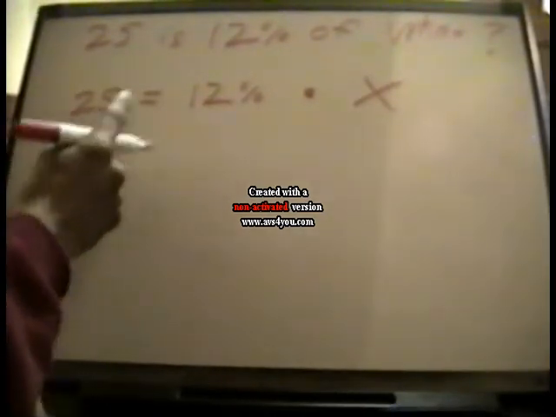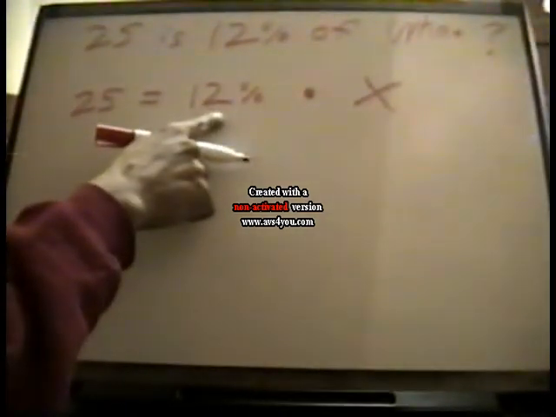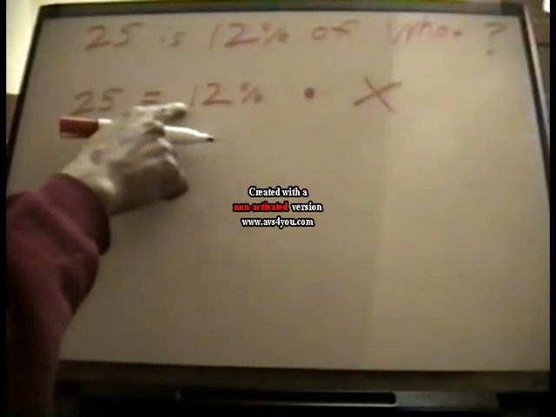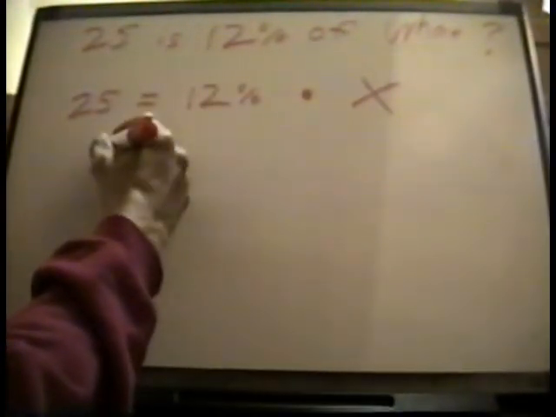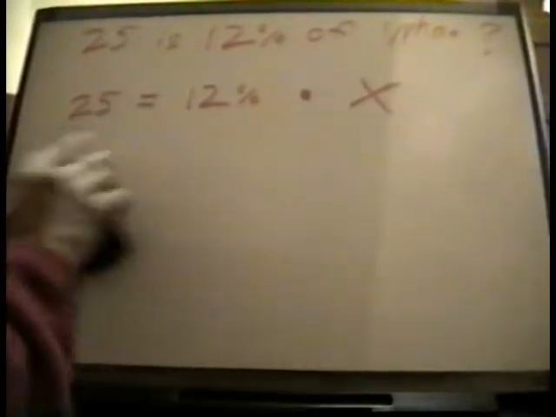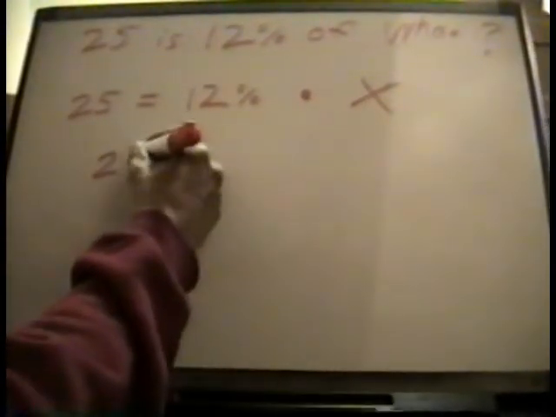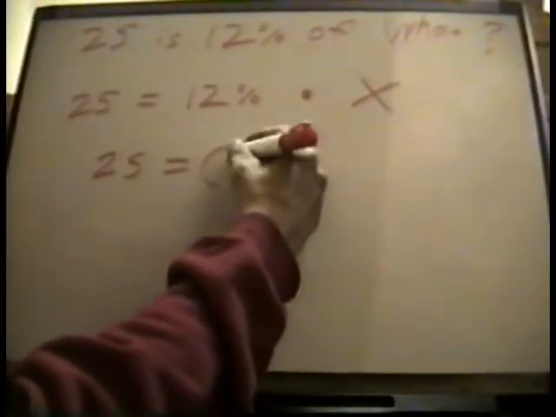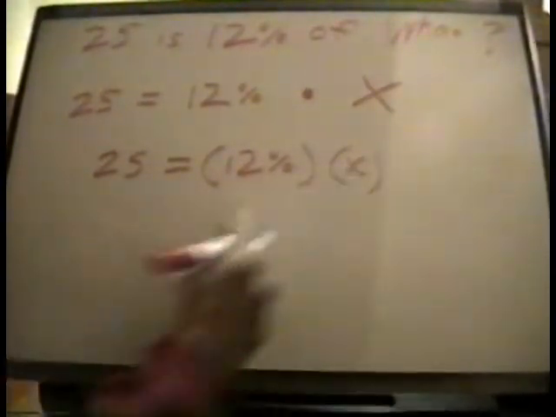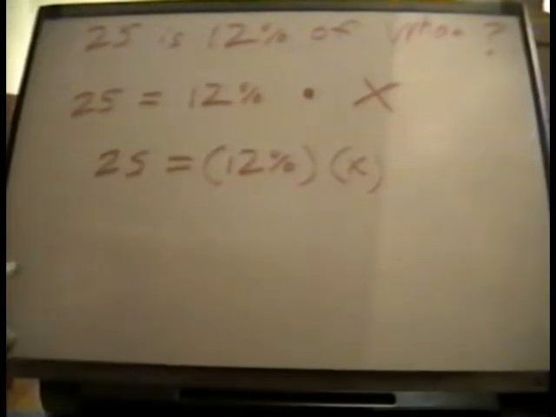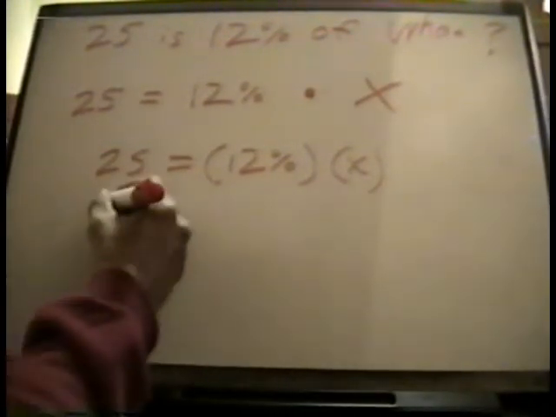So first we're going to convert this into our decimal. Taking into consideration what I showed you before, this equals 25 and the product of 12% by x. So we have to move this under the 25.